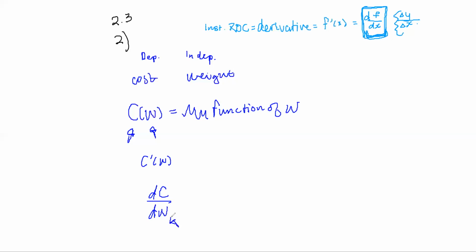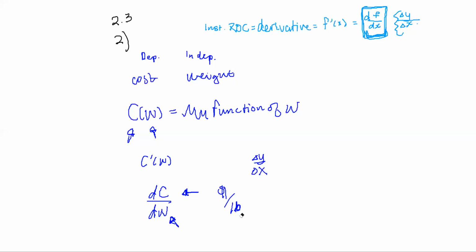So when there's a change in weight, it changes the cost, is basically what this is telling us. And the units are going to be just like if we had delta y over delta x. It's going to be dollars per pound. No, it's going to be pounds per dollar, I think. Why did I do that?